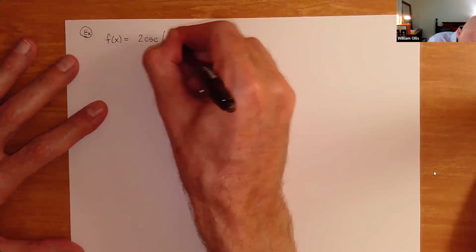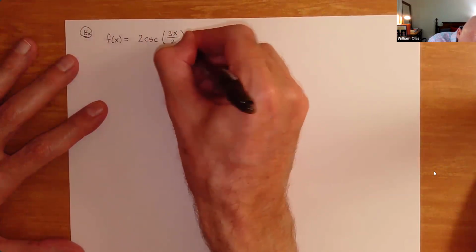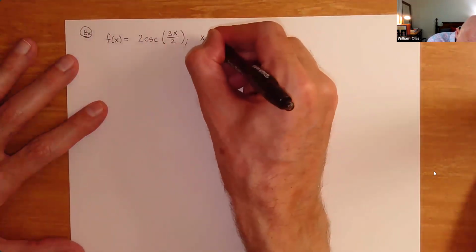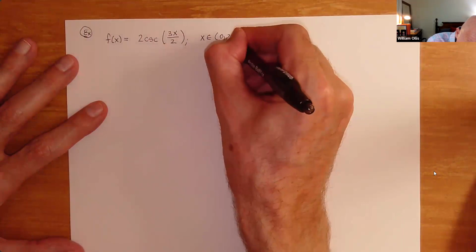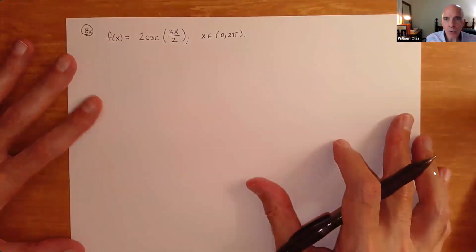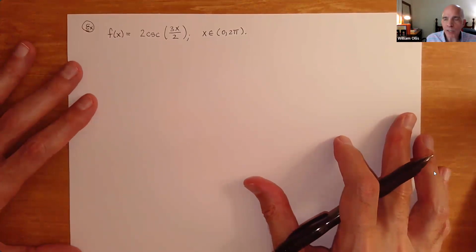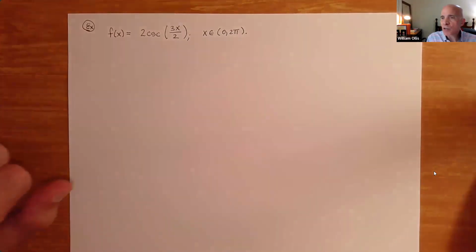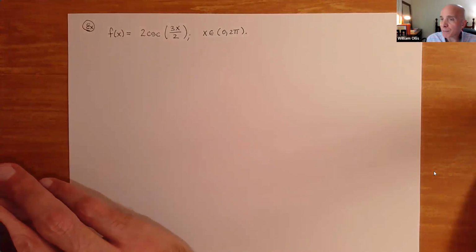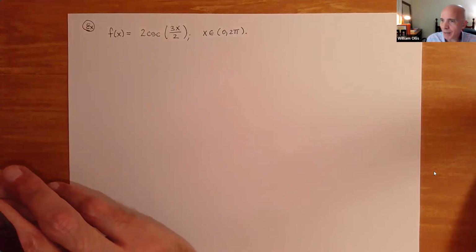Now, to make this analysis a little bit more doable, we will restrict the value of x to that of the unit circle, 0 to 2 pi radians. So often when you deal with certain trigonometric functions, you look at a period, and then you analyze that, and then know that that period will be replicated throughout the domain.